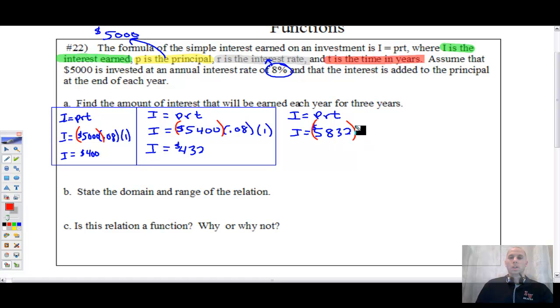Interest rate is still 8%. The third year is only 1 year long. 5,832 times 8%, $466.56.